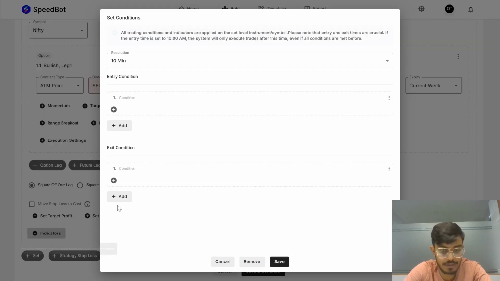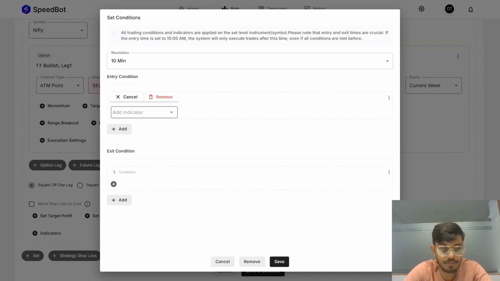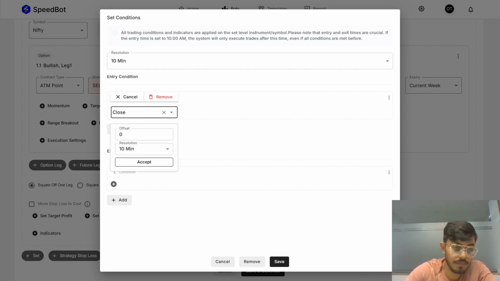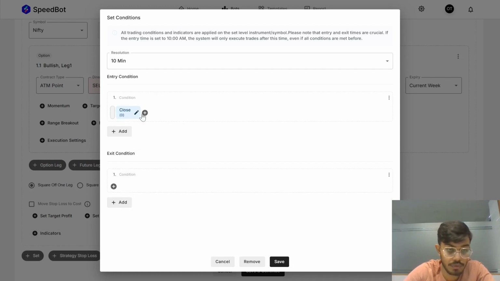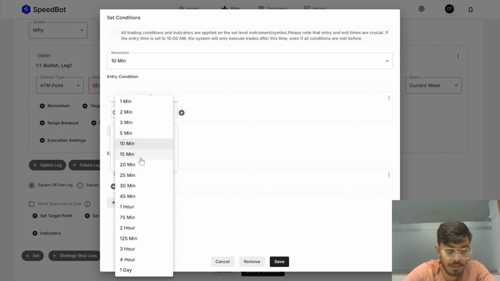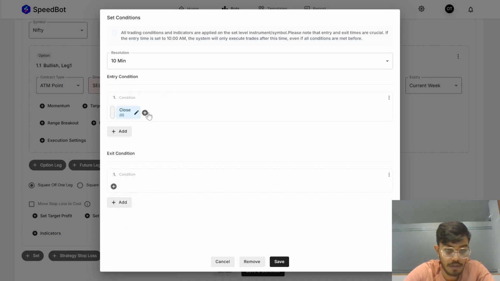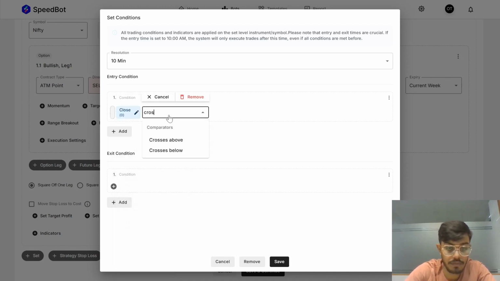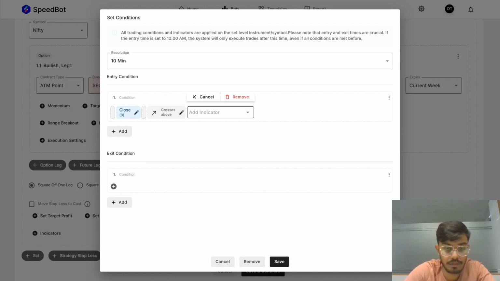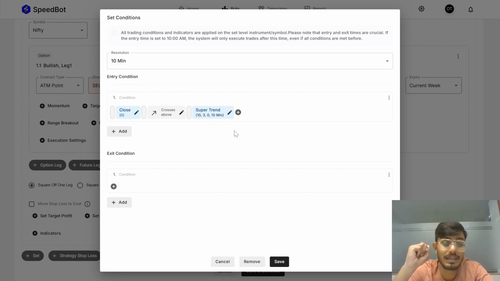Before that, let us just add the indicator. We mean to say for the bullish condition that whenever the close of maybe 15 minutes crosses above the Supertrend value 10,3, then we would be shorting the put.